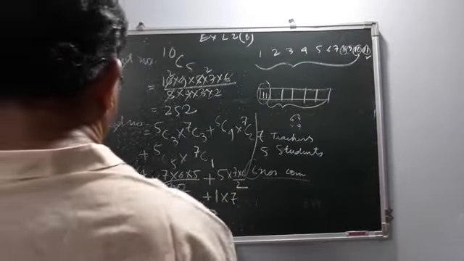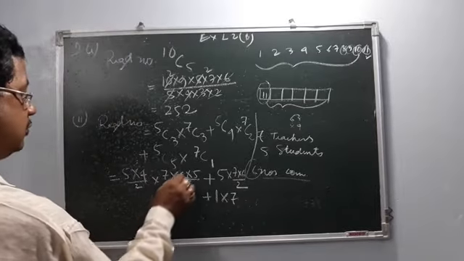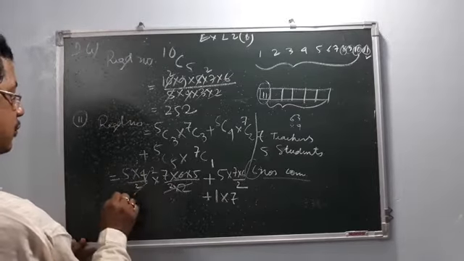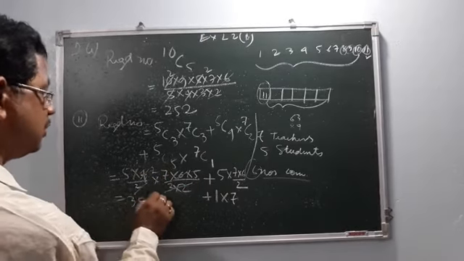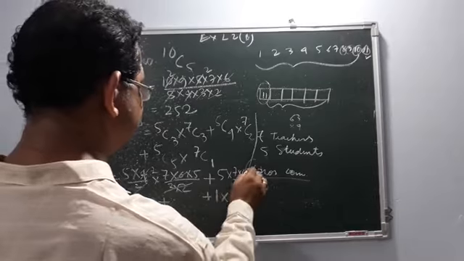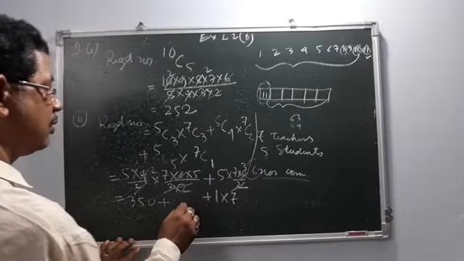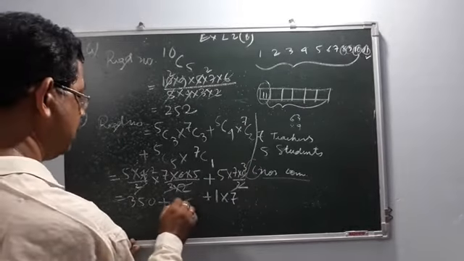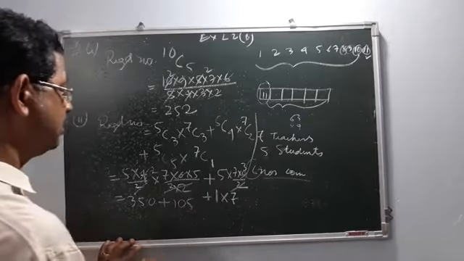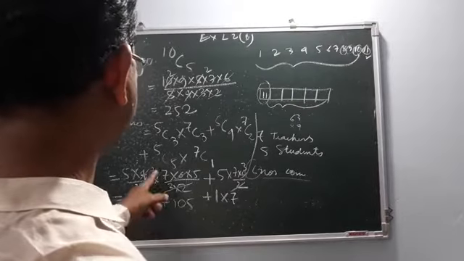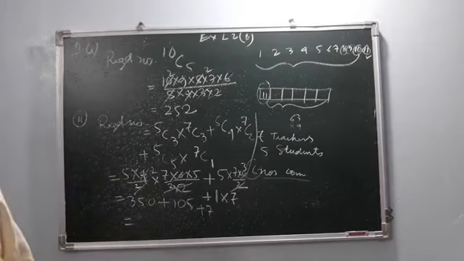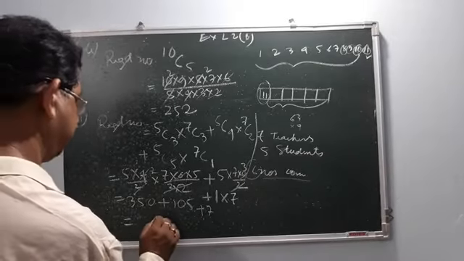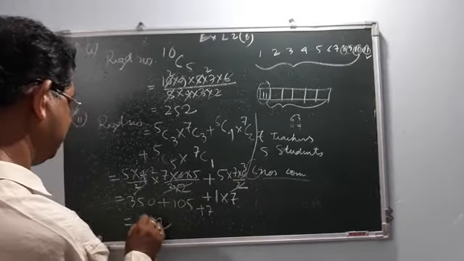So students, after multiplication: 10 into 35 is 350, plus 5 into 21 is 105, plus 7. So the answer after calculation is 462.